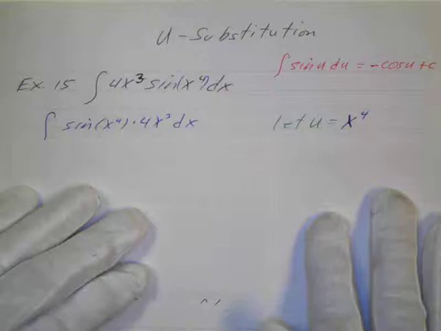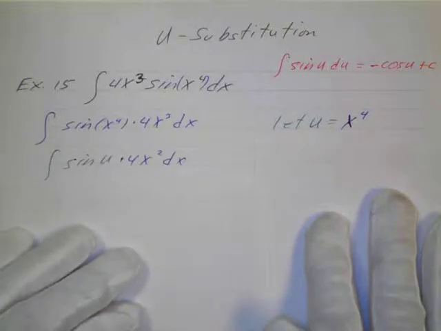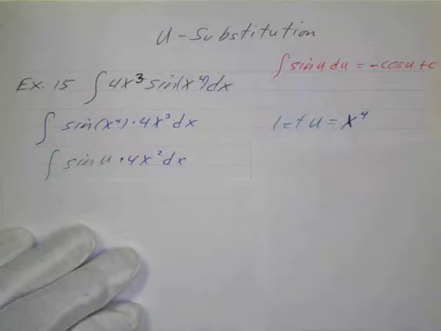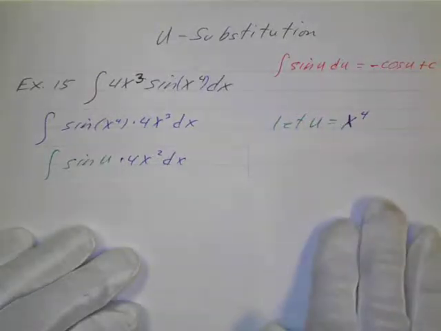If we substitute that in, instead of writing sine of x to the fourth, we write sine of u, and you can see what we got there. But we have to have du. If we look at our formula up here, it's sine of u du. So how do we get du? Well, we just take the derivative of both sides.